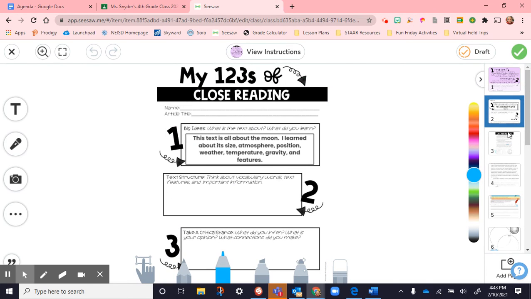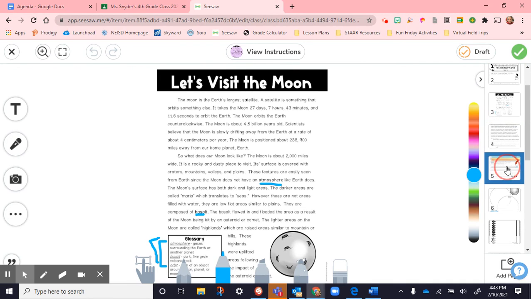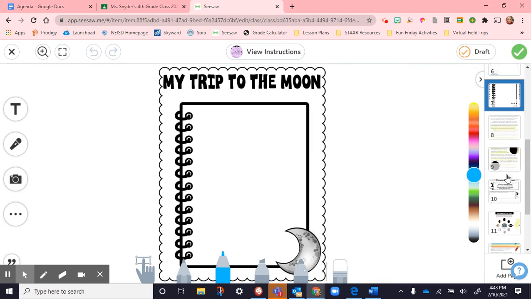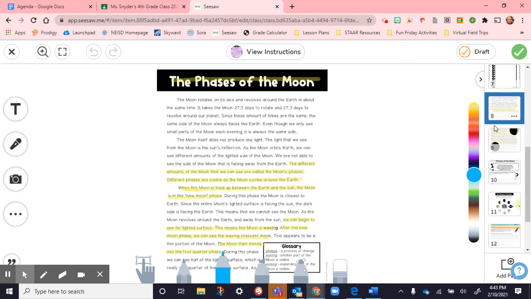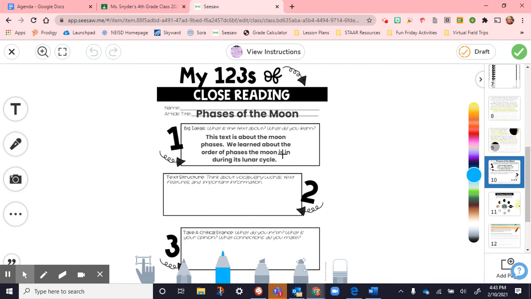On Monday we started off, we read Let's Visit the Moon. Tuesday you were supposed to do the second and the third reading. And then today we're on the phases of the moon. So we read through that, and then we talked about this first read.